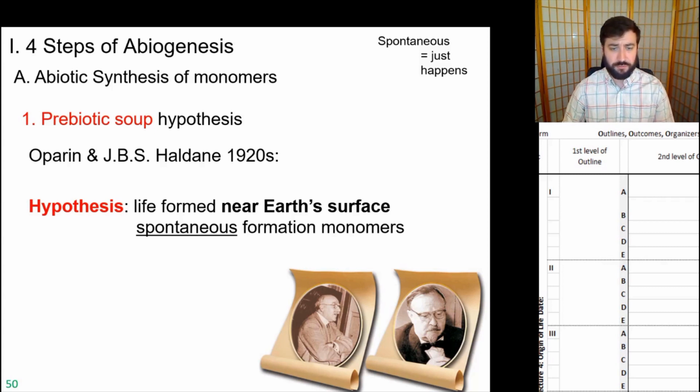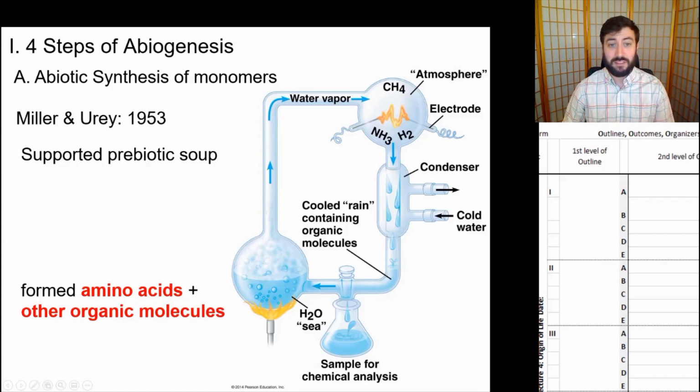So, seems pretty straightforward. And it just so happens that somebody actually tested this. Miller and Urey conducted an experiment that ended up supporting the theory. They didn't know it would. They created a sealed system where water vapor was pumped through a chamber filled with atmospheric gases like methane, ammonia, and hydrogen gas, and had an electrode in that chamber zapping electricity through it.